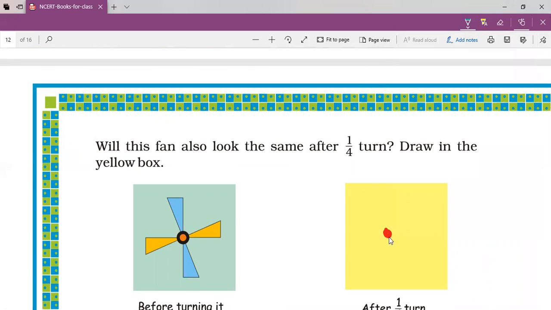If I give a 1/4 turn to the fan, the blue color will come over here and the orange color will come over here. This is a 1/4 turn of the fan. Understood?